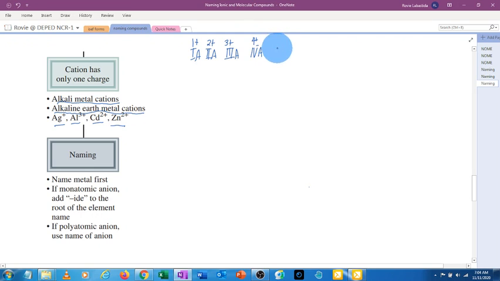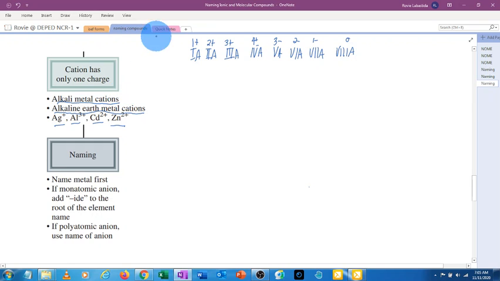For group 5A, the tendency is to form anions. So the possible net charge is 3 negative. For 6A, that is 2 negative. For 7A, that is 1 negative. And for 8A, 0. Alright.